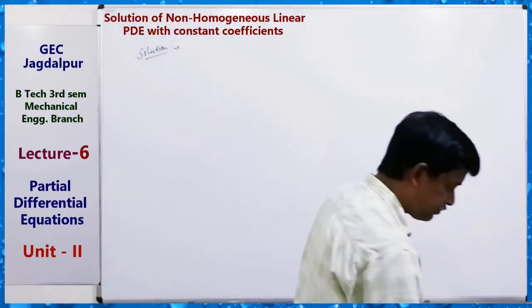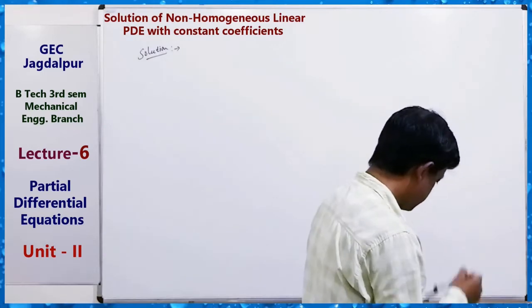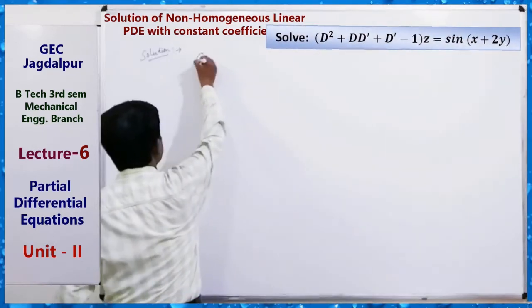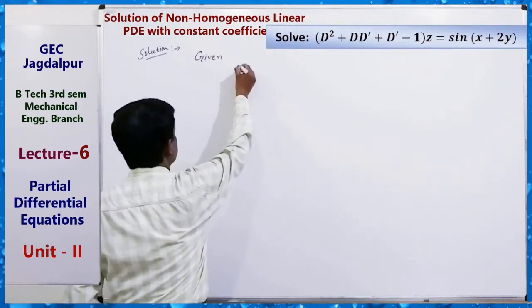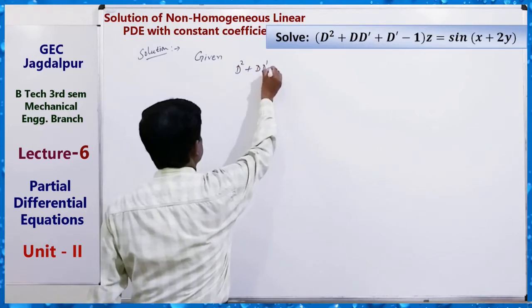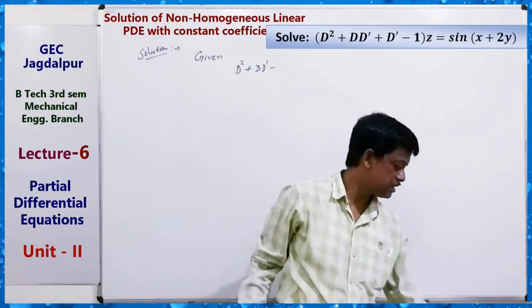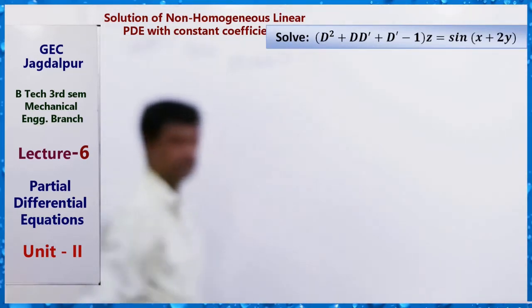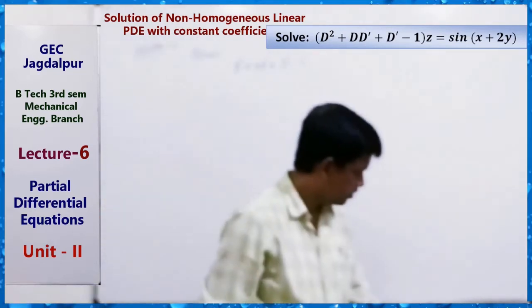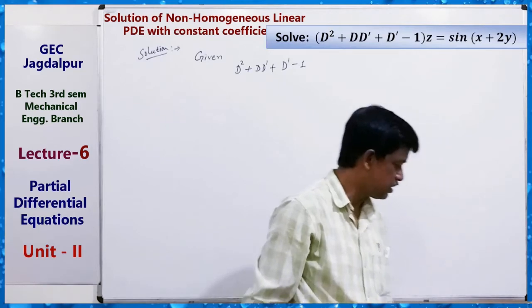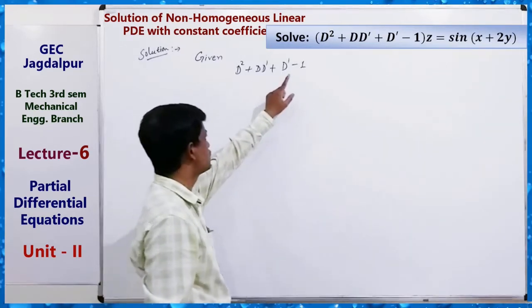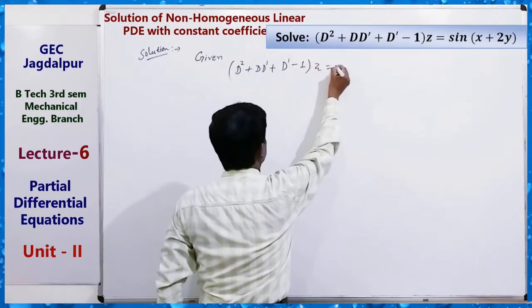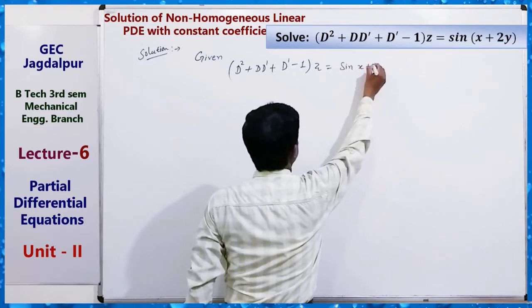Now take the question: (D² + DD' + D' − 1) z = sin(x + 2y).